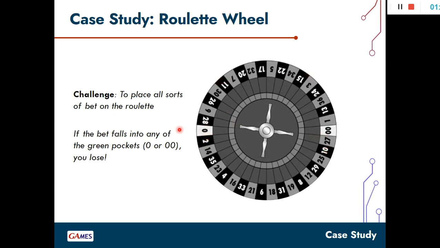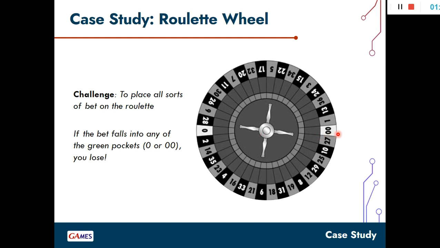Now, what's the probability of having a successful outcome for your ball entering into the green pocket? That's the probability of getting a green, or landing in a green pocket.